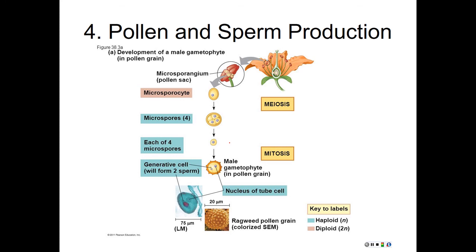So we have a microsporangium, which is right here, which contains microspores. These microspores are going to develop into a pollen grain.